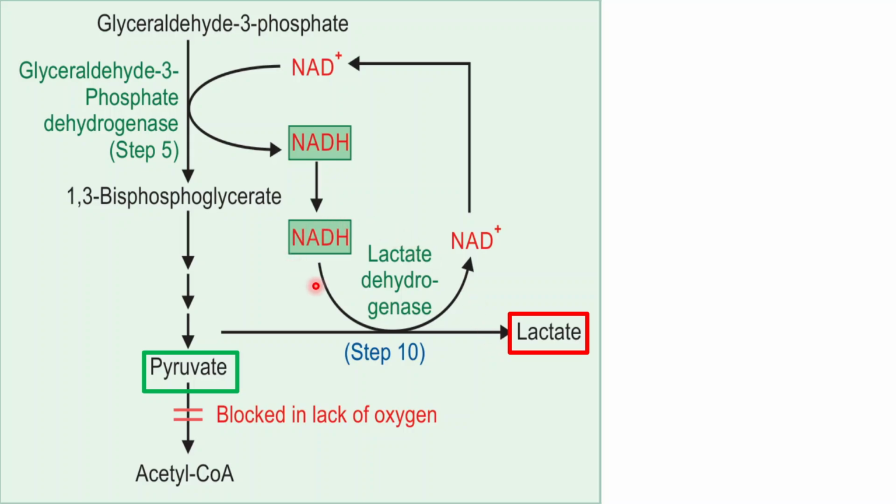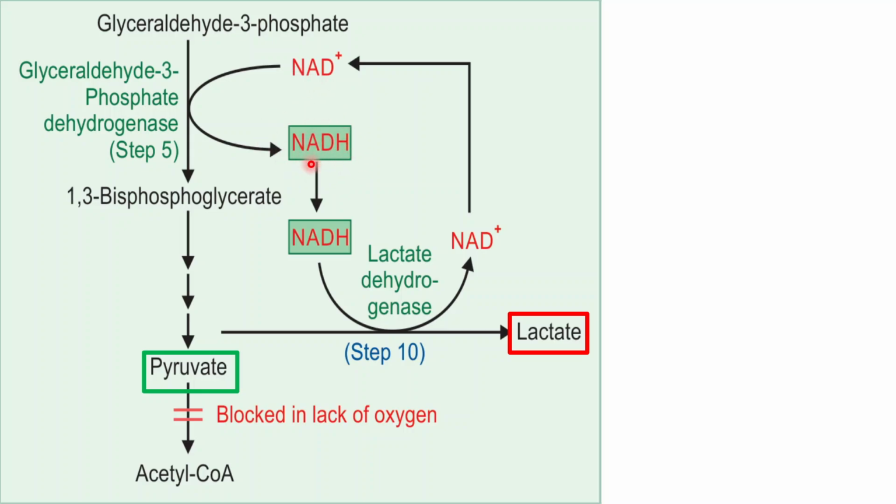Okay, so where does this NADH come from? This NADH comes from the step where NADH is produced in glycolysis itself. Glyceraldehyde 3-phosphate undergoes dehydrogenation to form 1,3-bisphosphoglycerate. So here the hydrogen which is lost was accepted by NAD to form NADH.